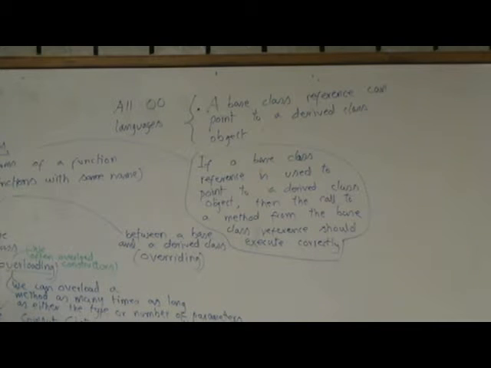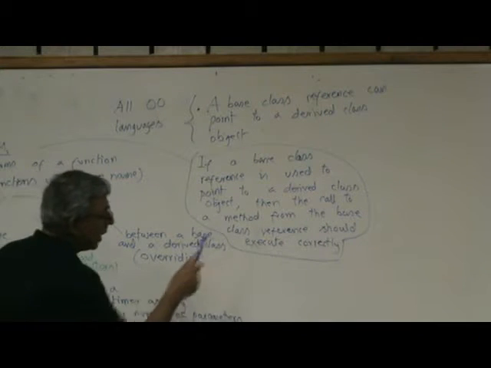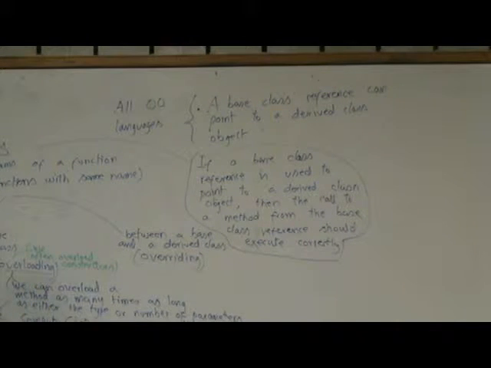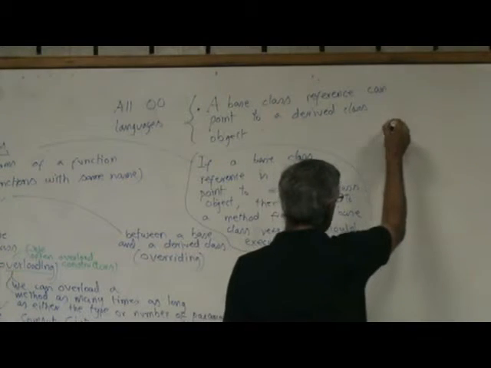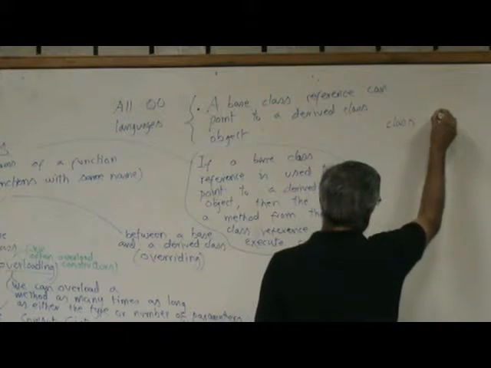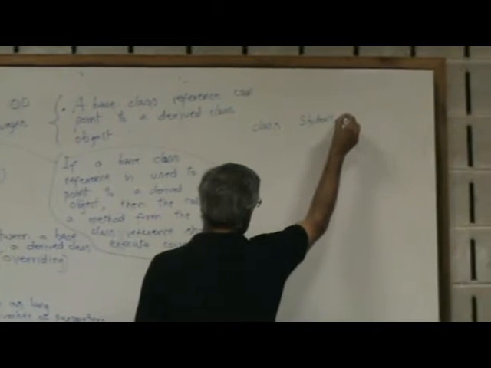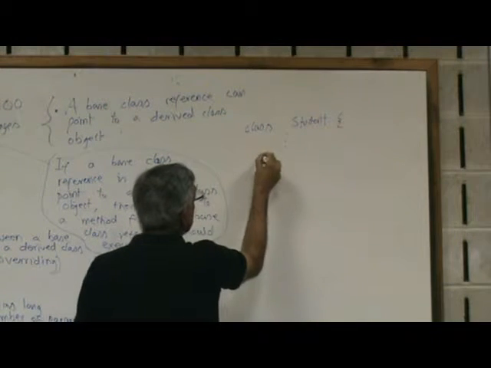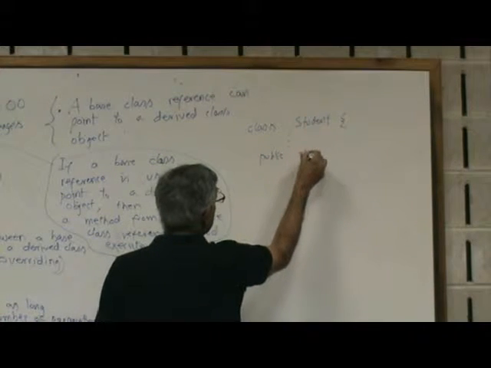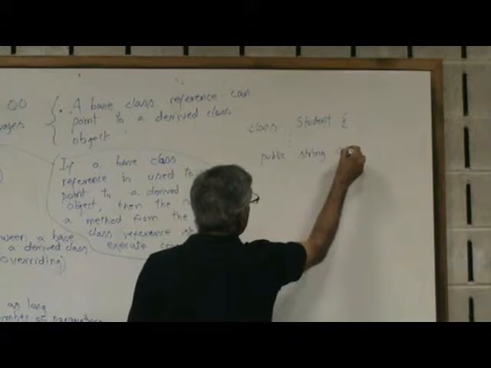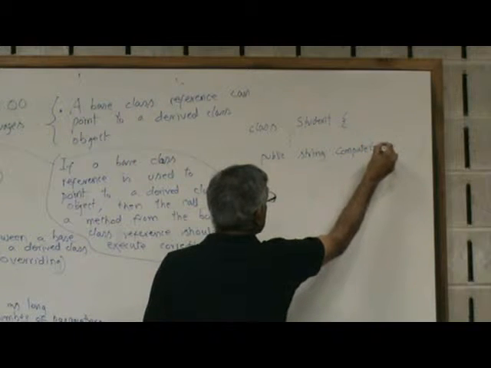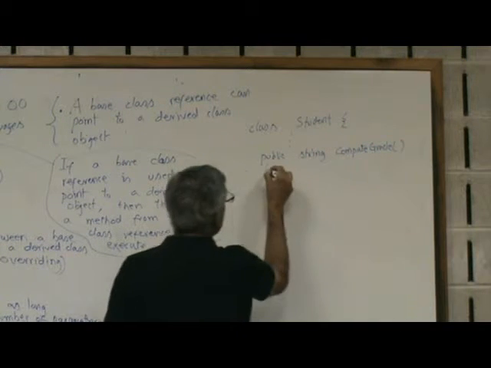So that's the goal of polymorphism. So if we are using a base class reference to point to a derived class object, then the call to a method from the base class reference should execute correctly. Okay, so what do we mean by correct execution? Let's pick an example. Suppose we created a class called Student, and suppose we had public string ComputeGrade.